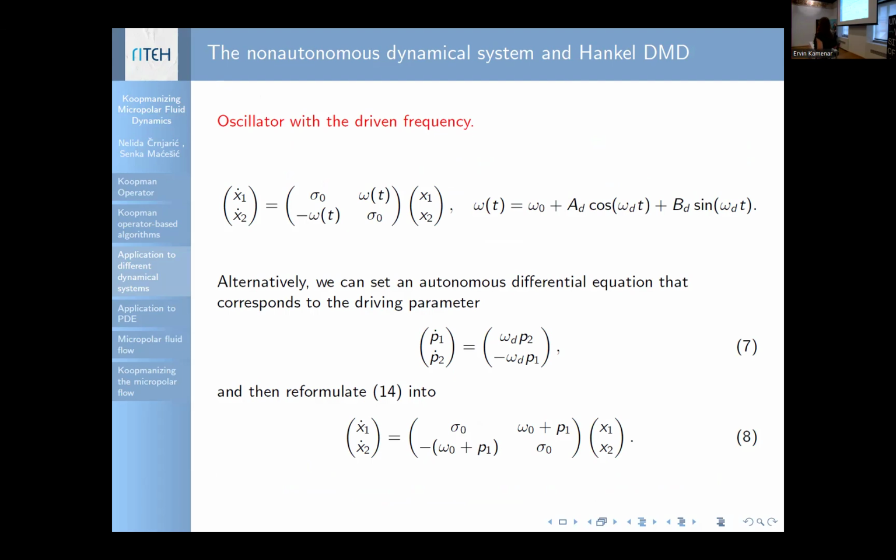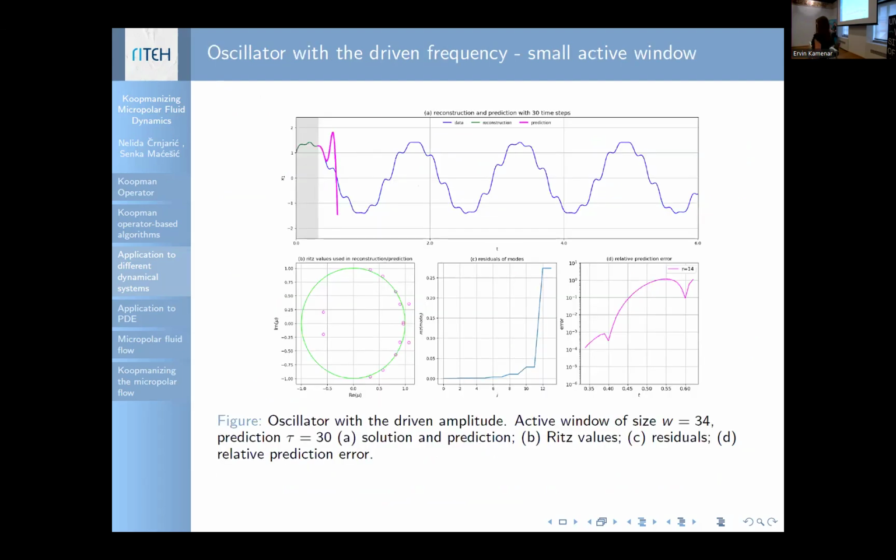And if we just naively apply the sliding active windows, we take an active window and reconstruct the signal quite accurately, but the prediction is bad. This is due to the bad eigenvalues that we obtained. They should lie on the unit circle. The green one is the reconstruction, and it is good. This is the case in non-autonomous systems.